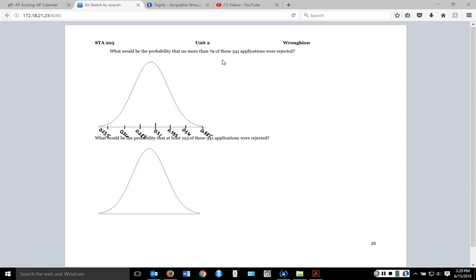Well, I need a p hat to put on my picture. P hat is my sample proportion. So I've got to take that 79 out of our 341, which will give us a sample proportion of 0.2317. So where is that on my picture? It's just a little bit smaller than this 0.235 number.